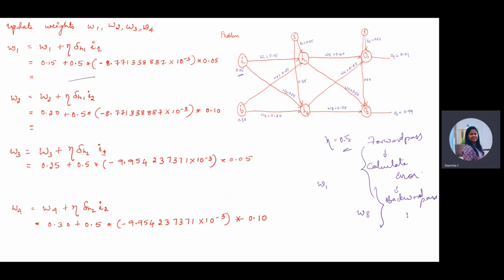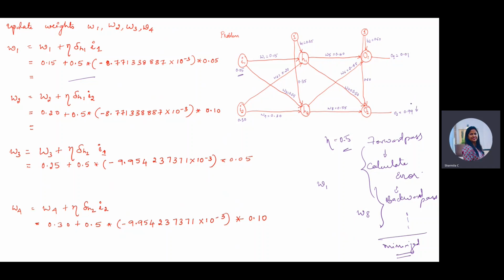So this process is repeated continuously until the error is minimized. The error is minimized when the output obtained from this network at the nodes O1 and O2 is similar or equal to 0.01 and 0.99, which is the target value.